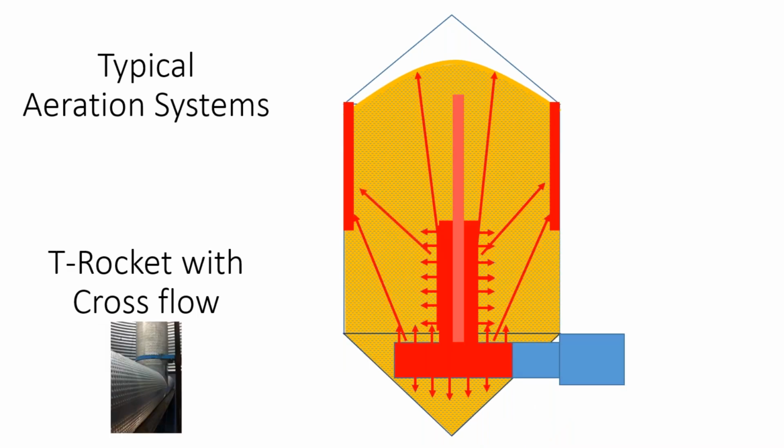The last air delivery system is a T-rocket with cross flow, and this is something that we're developing at Wilde Ag Ventures on our family farm. Basically the idea here, as I had noted, is that we've added 15-inch aeration on top.